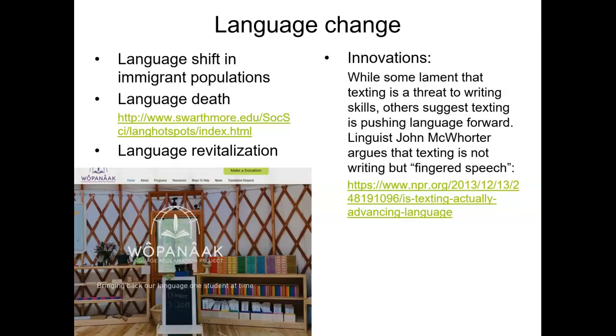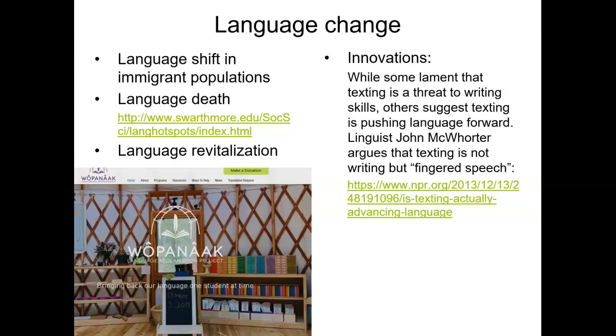The generation that moves from one country to another will have a different relationship to both their home language and the language that they encounter in the United States than their children will, who are raised here, who may speak one language at home and another, for example, at school. So that notion of multiple language usage across the generations of a single family is certainly a part of the kind of language change that anthropologists are interested in.